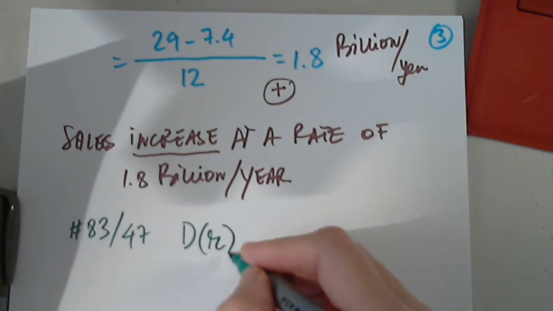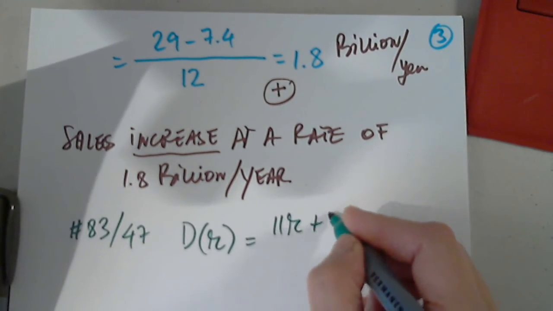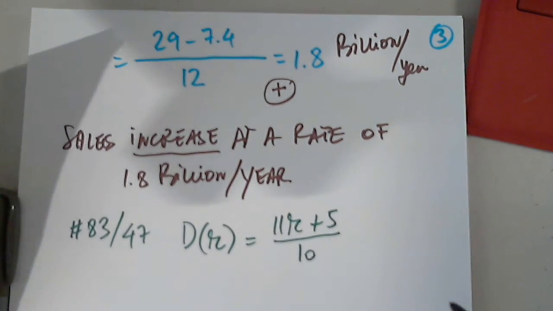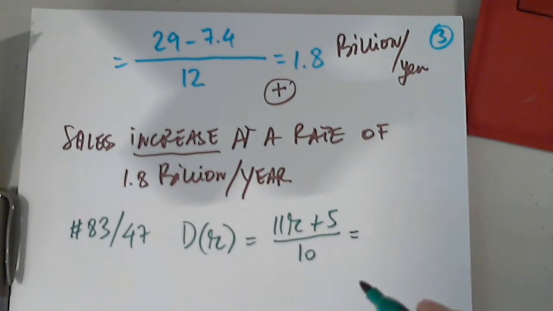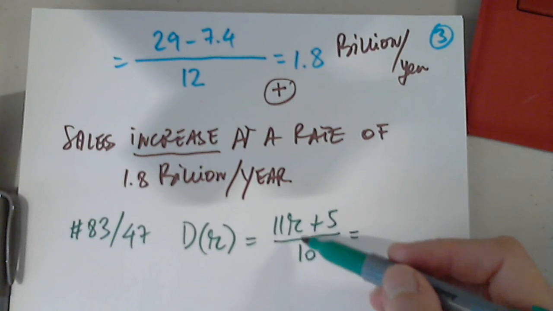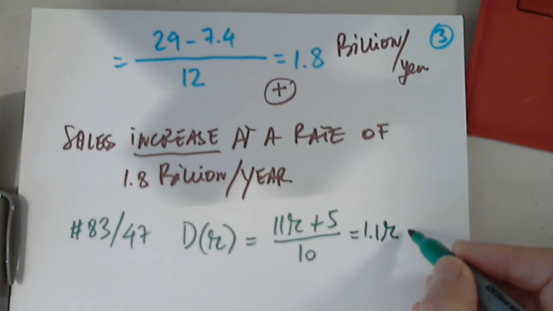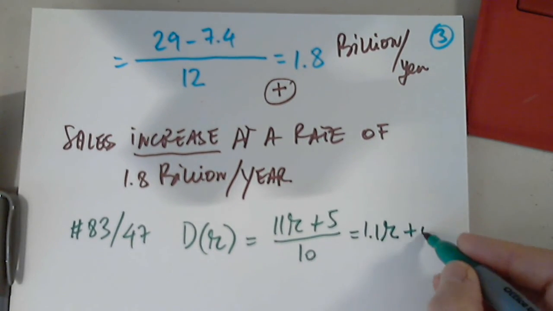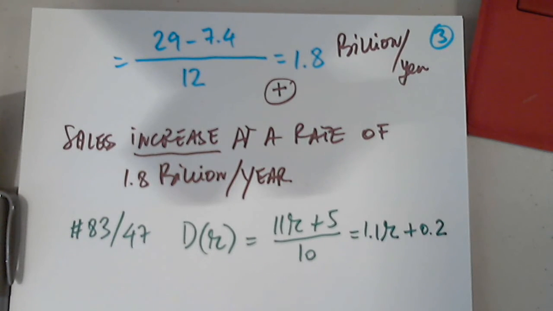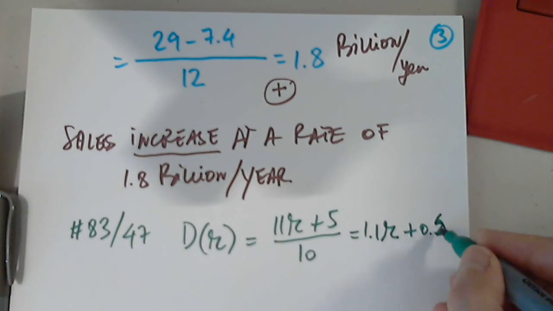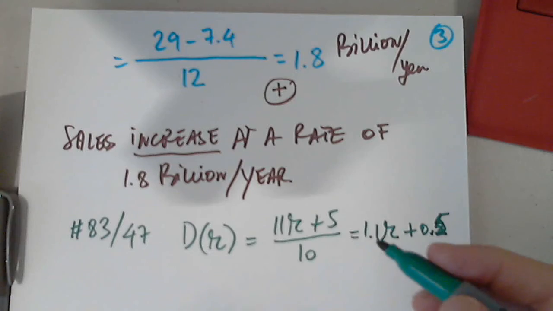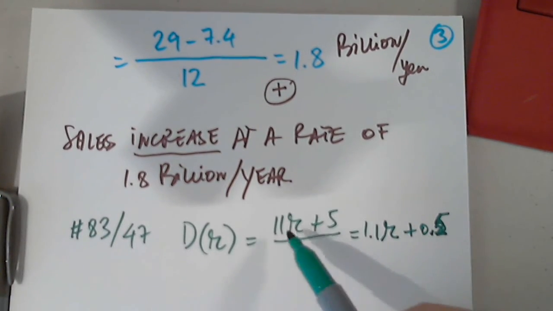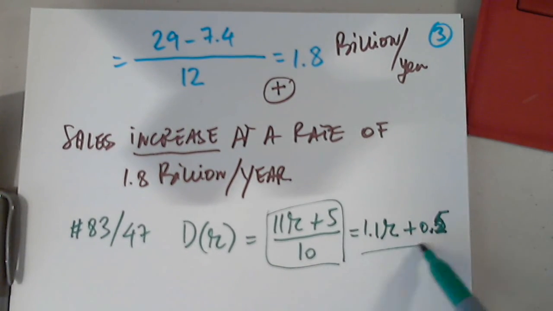So d of r equals (11r plus 5) divided by 10. The same thing could be written as 11r over 10, which is 1.1r, plus 5 over 10, which is 0.5. So it's up to you. You can use this, or you can use this.